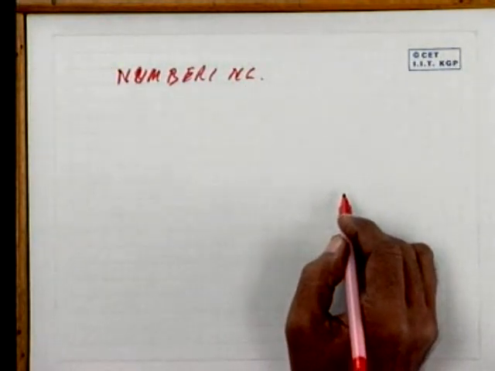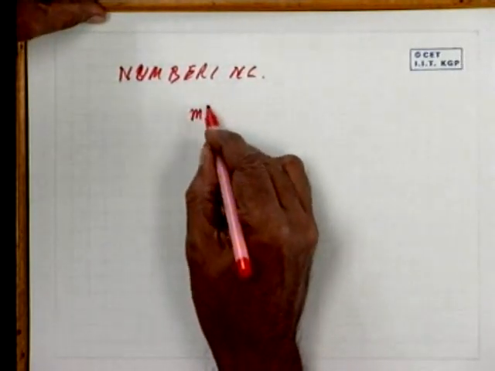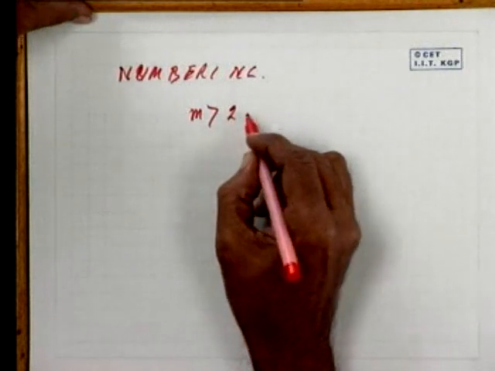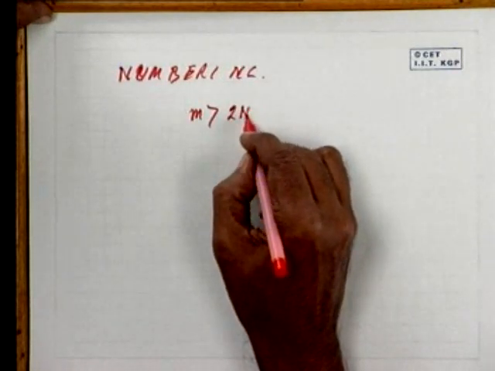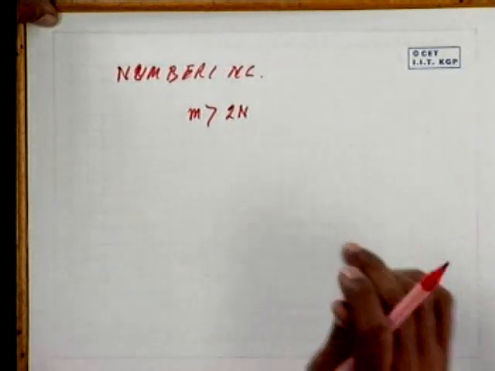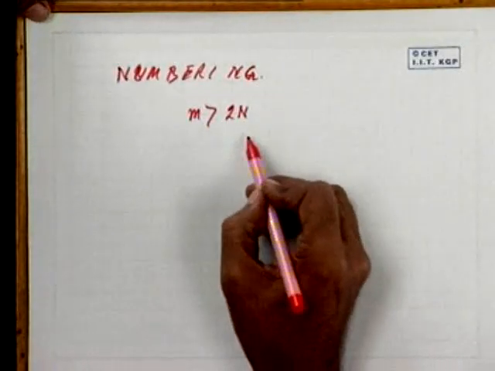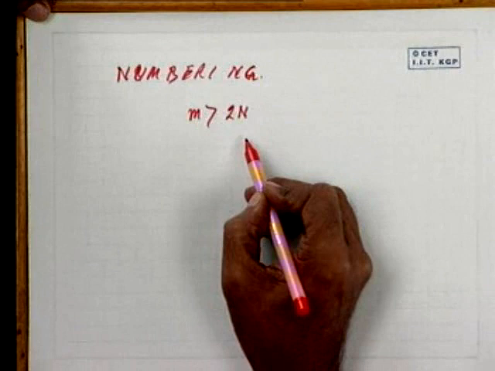Here, you have to use a modulo m which is greater than 2 into N, which is the window size of the transmitter. That means the number of bits required will be 1 bit more than the go back N ARQ in this particular situation for representing the frame numbers.